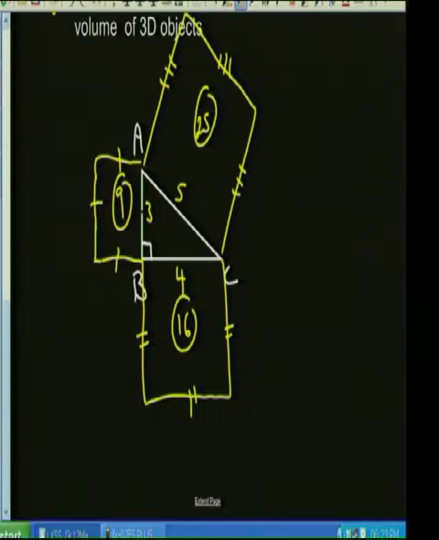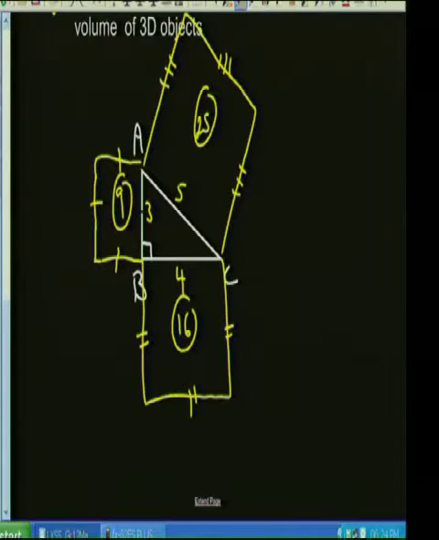Now, I want to show you something, folks, because this is what Pythagoras is all about. Pythagoras is saying the square on AB plus the square on BC will give me the square on AC. Let's have a look. What is 9 plus 16? It's 25. Now, what's 25 minus 16?